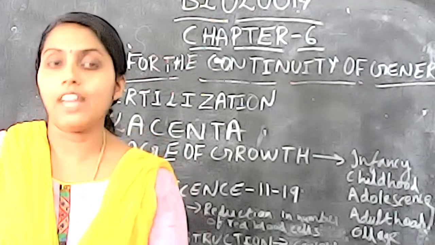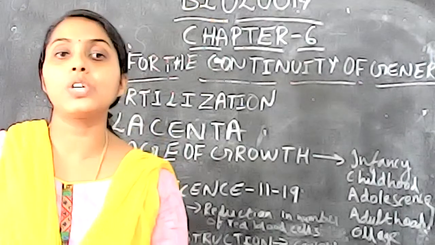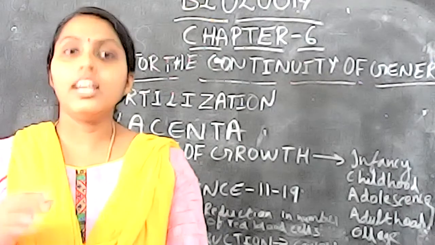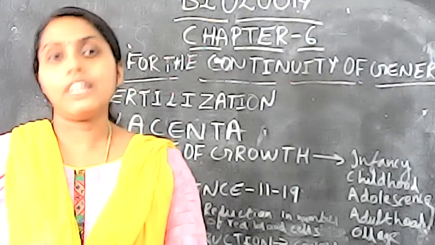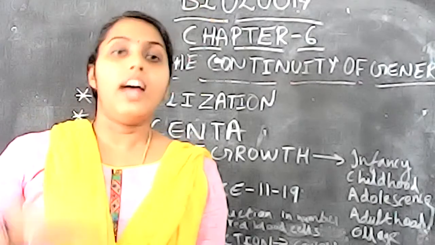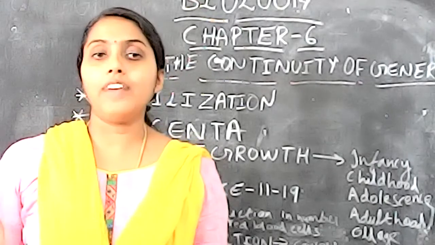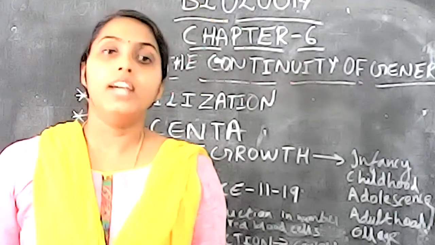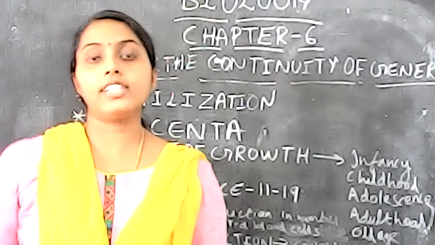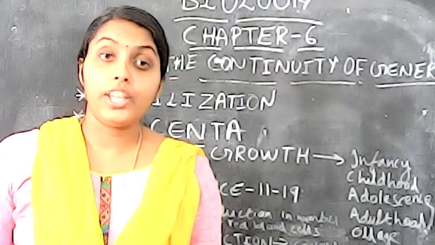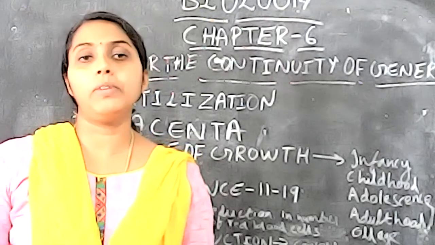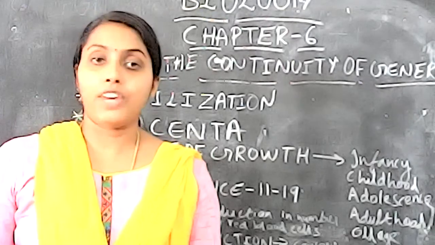When this embryo gets attached to the inner wall of the uterus, it starts its growth, from the zygote up to the level of a baby. Changes occur in the body of the fetus: bones, muscles, blood, everything will be formed from the different cells.